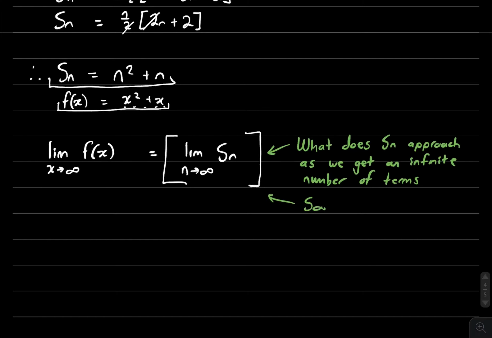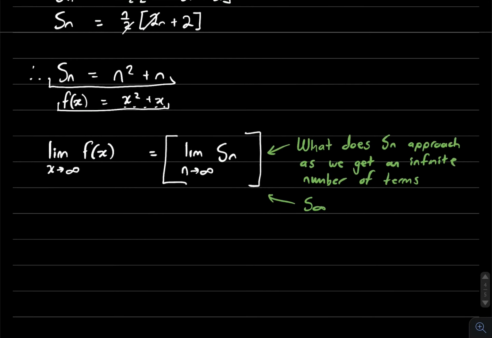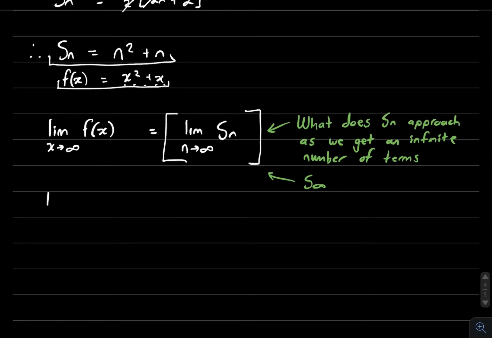And this is just basically the sum to infinity. That is the sum to infinity. It's the value that Sn is approaching as n approaches infinity, or as the number of terms approach infinity. Okay, so let's actually see whether we can evaluate this. The limit as n approaches infinity of Sn.